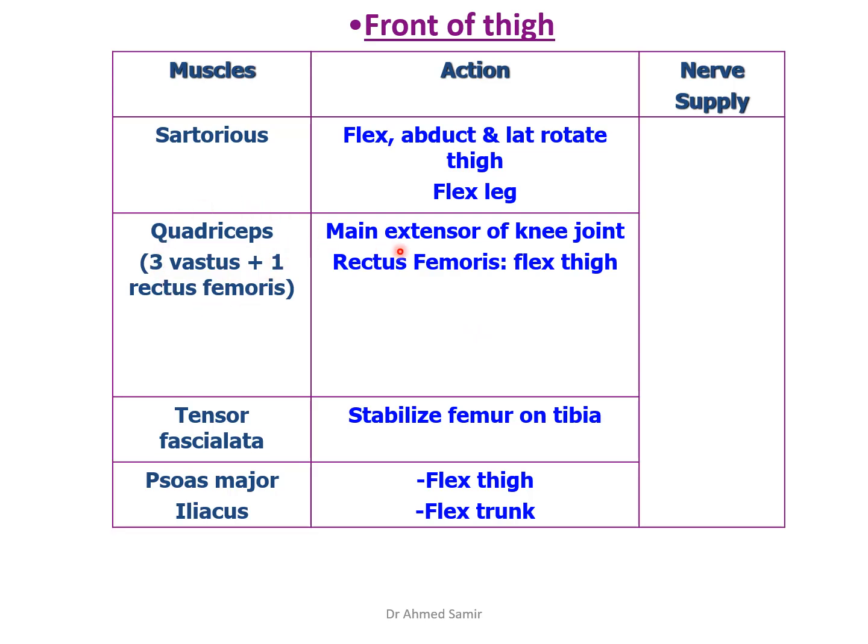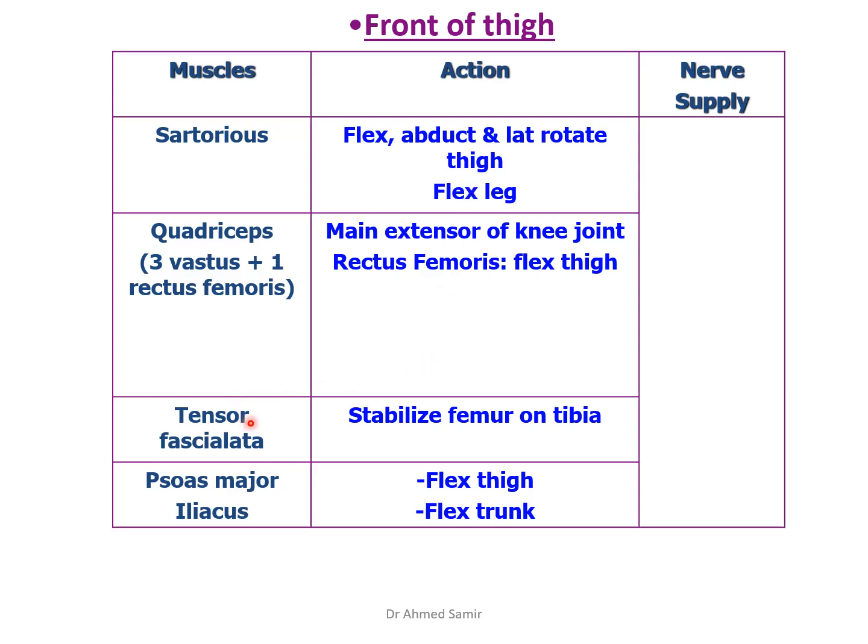As you see here in this table, these are all the muscles we discussed, and these are their actions. The quadriceps is the main extensor of the knee joint. Rectus femoris, the part of the quadriceps that arises from the hip, also has another action: it flexes the thigh.